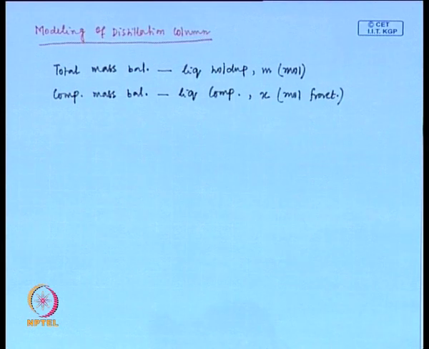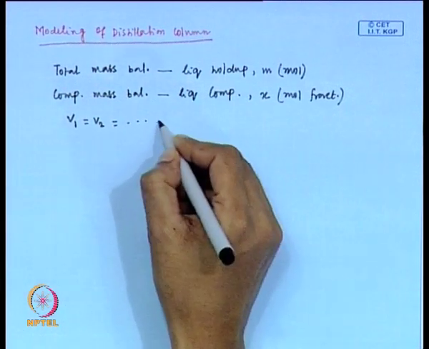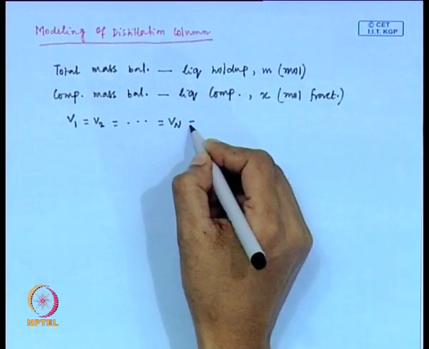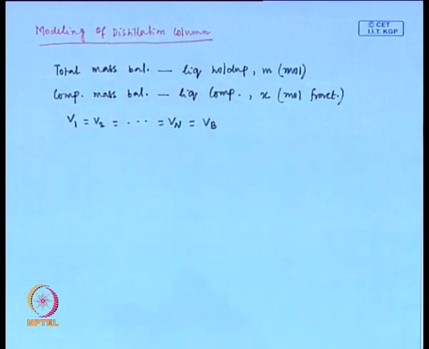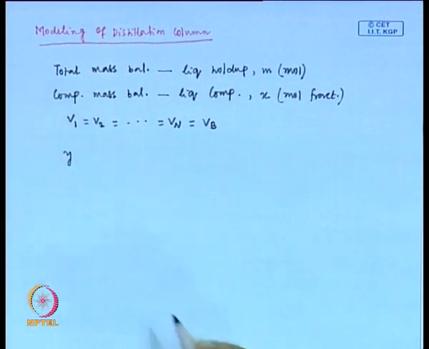Fine. And based on some assumptions, we have concluded that all vapor flow rates are identical. That means, V 1 equals to V 2 equals to V n equals to V b. Now, other variables, I mean apart from these variables, include the vapor phase composition. Fine.